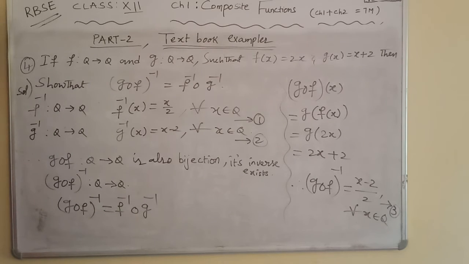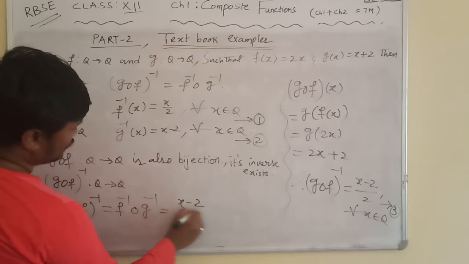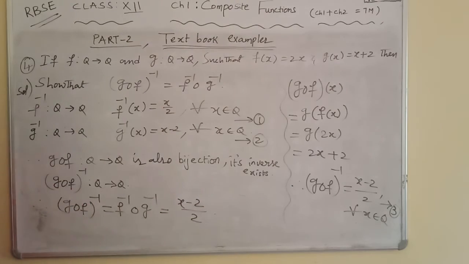So directly we can write, therefore (g circle f) whole inverse is equal to f inverse circle g inverse is equal to, what is that? x minus 2 upon 2. But if you want to solve this, f inverse circle g inverse also, we can solve. Okay, let's check that also. f inverse circle g inverse also x minus 2 upon 2, how is it.